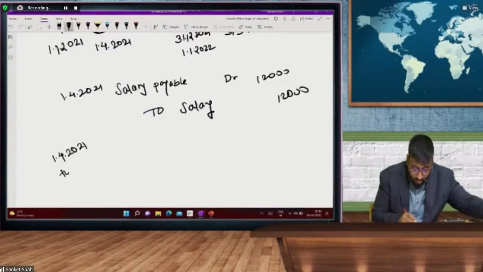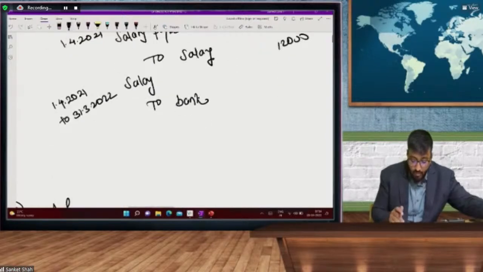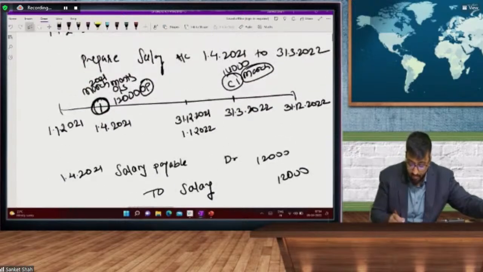From 1st April to 31st March 2022, you are going to pay salary. Now this is very important: March month salary you are going to pay in April. April month salary you are going to pay in May. Similarly, December month salary, you will pay in Jan.